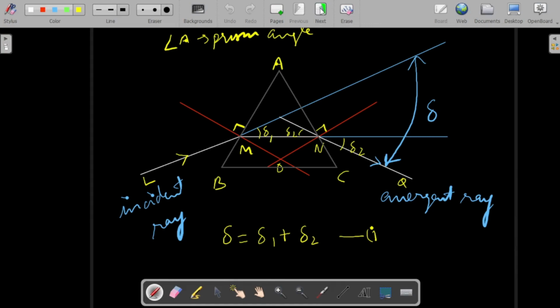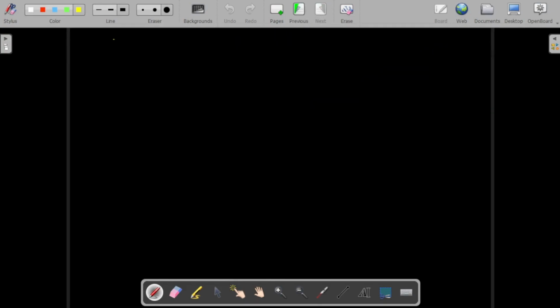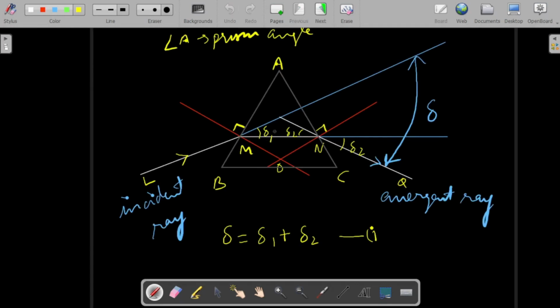Okay. So in the next slide, we have to write delta equals delta 1 plus delta 2. Going to the previous slide again, if I have to find the value of delta 1, for that I have to consider this angle of incidence as I, this angle of refraction as R1.